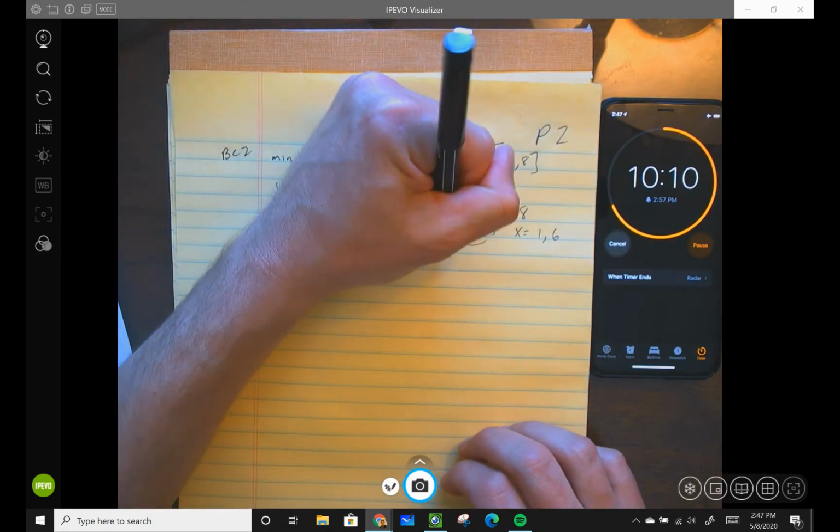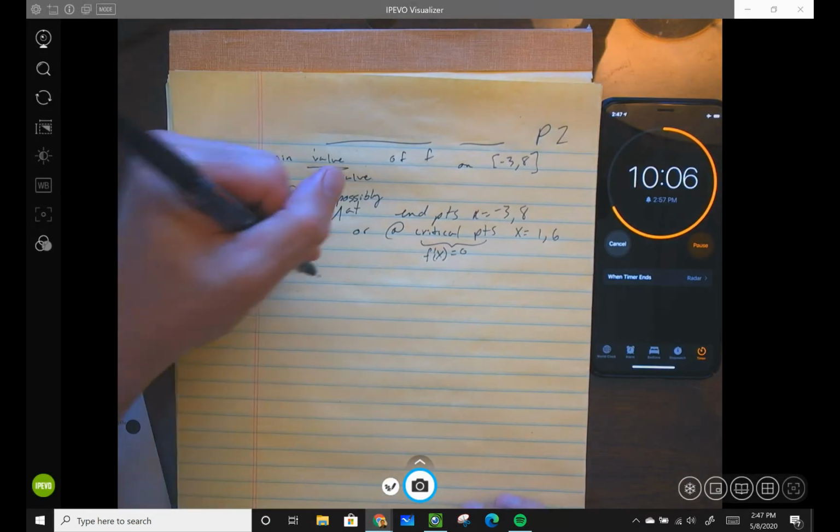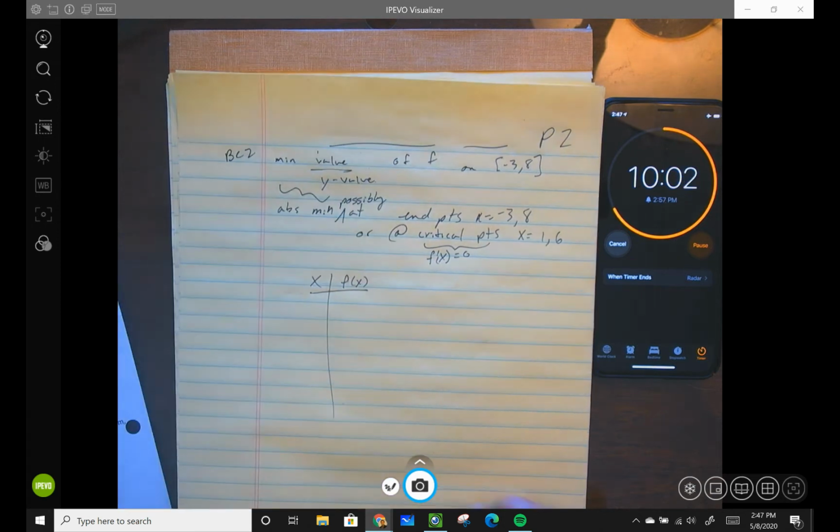And that's when f prime equals 0. And so we can make a table, and we're looking at actual outputs of the function. And, well, that's not going to be easy.